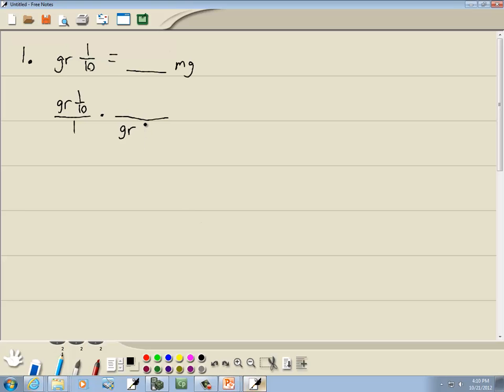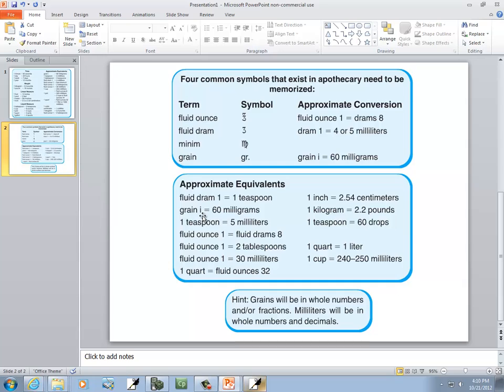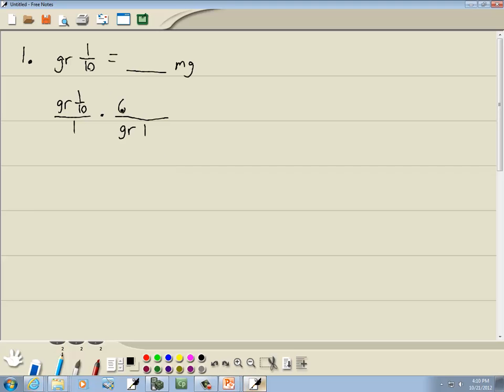Now I'm going to put 1 here instead of the Roman numeral, and then 60 milligrams up here. Now the grains cancel there, and we got 1/10 times 60. And we're left with milligrams, which gives us 60 over 10 milligrams, which gives us 6 milligrams.